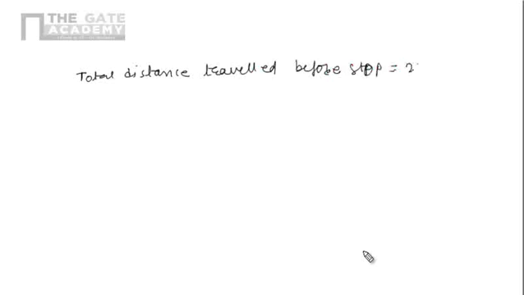But we are interested in how much further the train will run, because already it ran up to 200 meter. So further distance traveled will be 225 minus 200 equals 25 meter. So if we are interested in how much further distance traveled by the train, it will be 25 meter. And if you are interested in total distance traveled before stopping, that will be 225 meter.